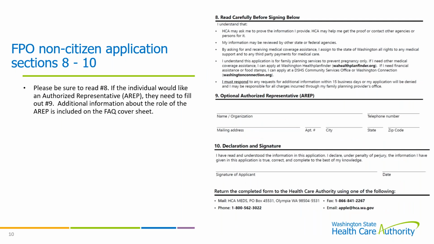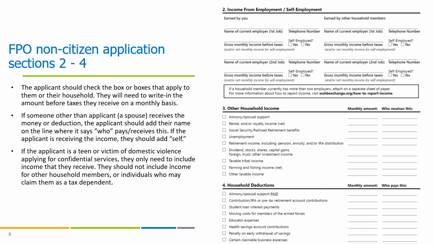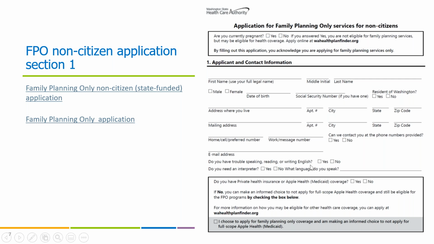They can seek family planning, or they can seek confidential regular Apple Health. Yeah, they can request or seek confidential family planning services if they are 18 years or younger.